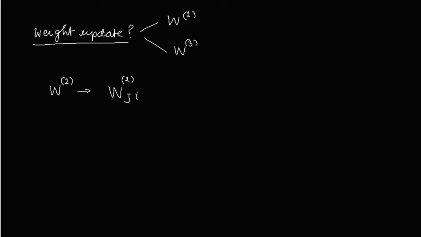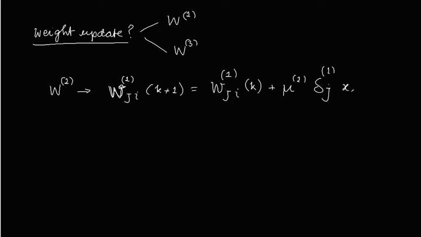Wji at the first layer, k plus 1, means the next updated value, the k plus 1th iteration. This needs that we take this weight at the kth iteration and we add this mu1, which is the learning rate parameter, and delta j at this one, and x out i.